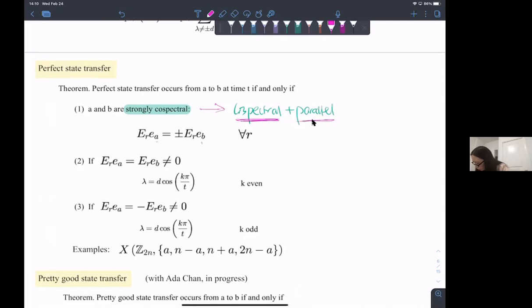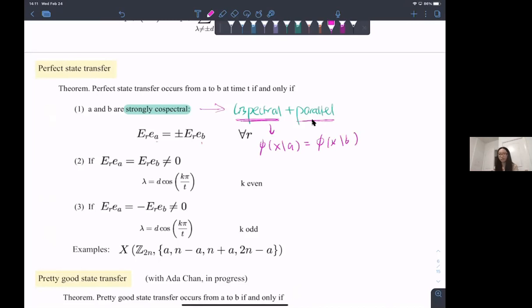So I'm not sure if you are familiar with this concept, but basically two vertices are cospectral if the characteristic polynomial of the graph with vertex a deleted is equal to the characteristic polynomial of the graph with the other vertex deleted.